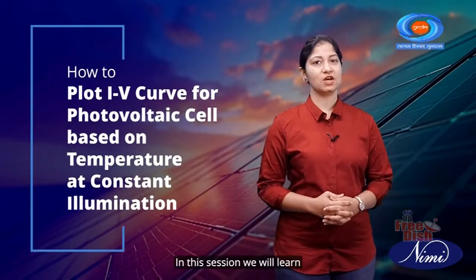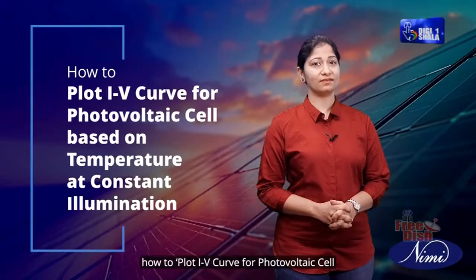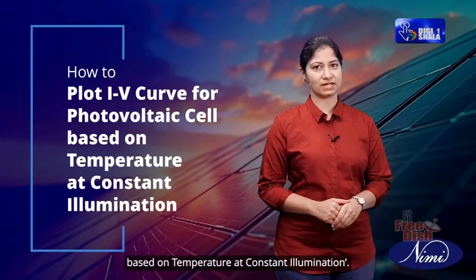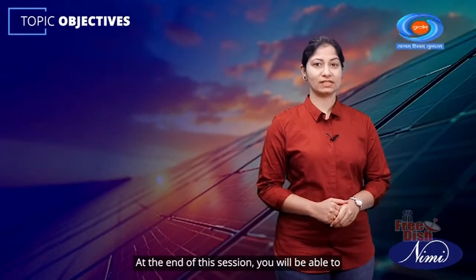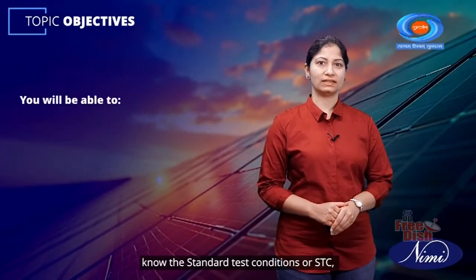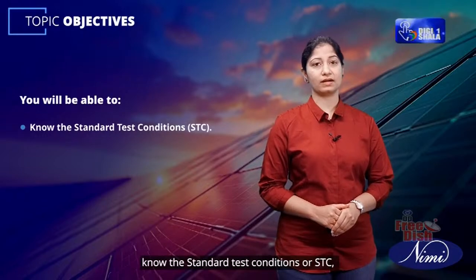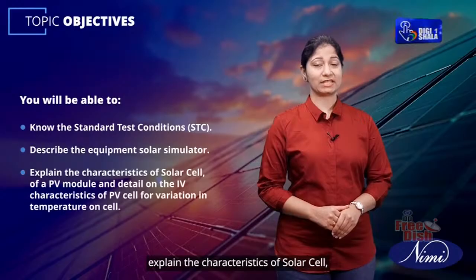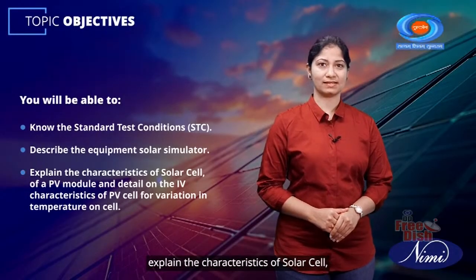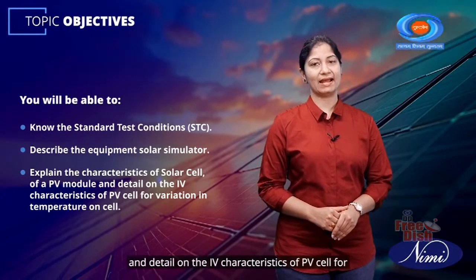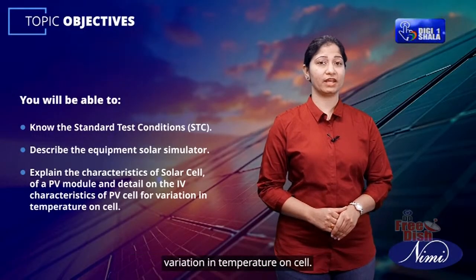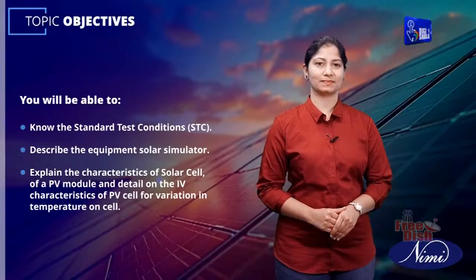In this session, we will learn how to plot the IV curve for a photovoltaic cell based on temperature at constant illumination. At the end of this session, you will be able to know the standard test conditions or STC, describe the equipment solar simulator, explain the characteristics of a solar cell of a PV module, and detail the IV characteristics of a PV cell for variation in temperature on the cell.